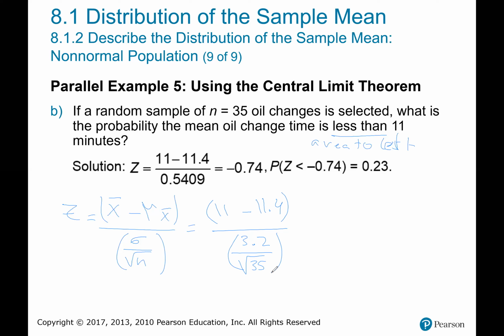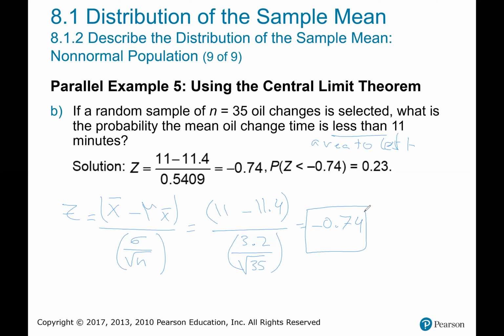So if I punch this in my calculator, numerator in parentheses, denominator in parentheses, and round it to 2 decimal places, you should get negative 0.74. So the z-score is negative 0.74.